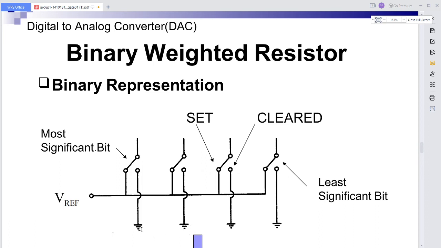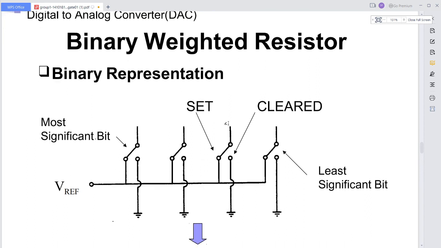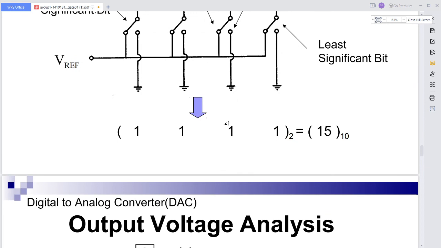If a bit is 1, it is connected to the switch along with the reference voltage, so that it generates current, and we get the summation of current at the inverting terminal of the summing amplifier, such as an operational amplifier, so that we can get the output as voltage.